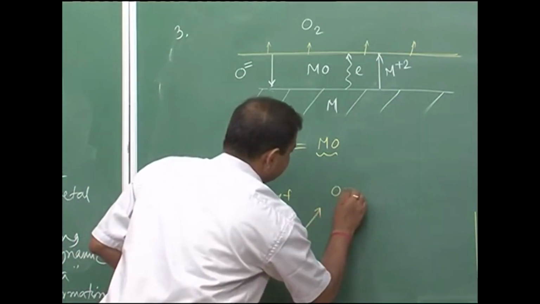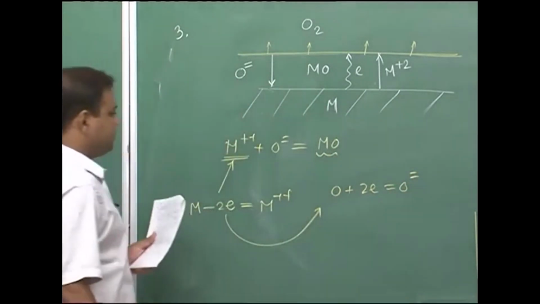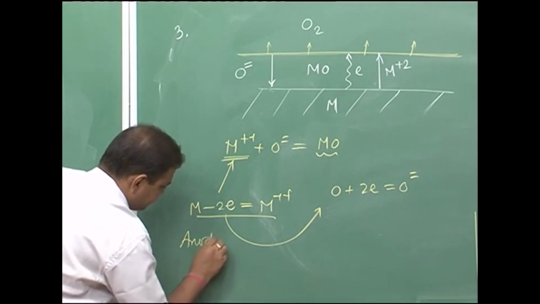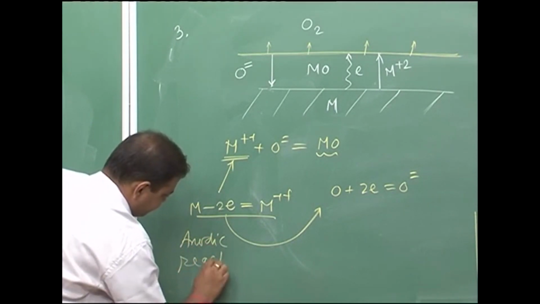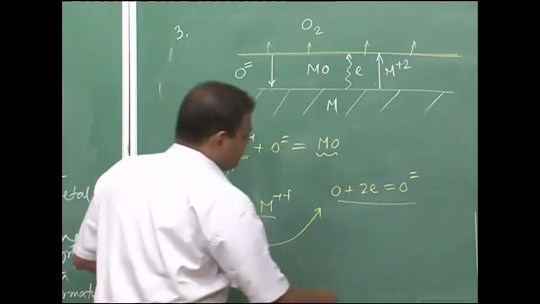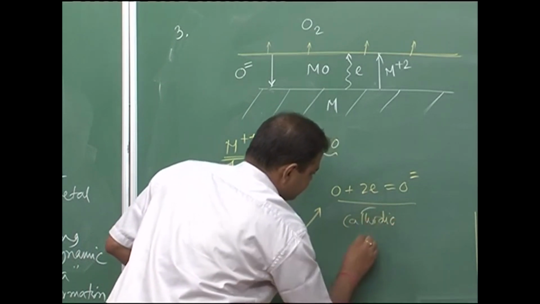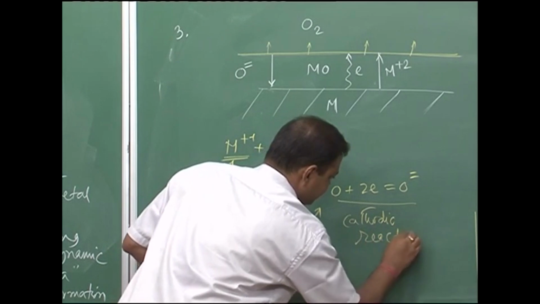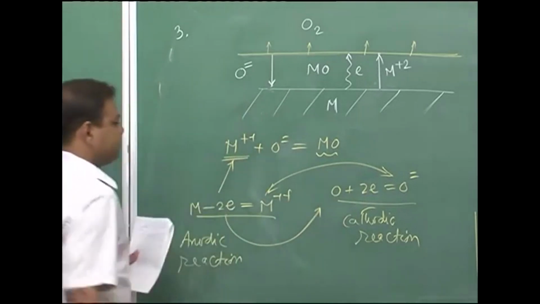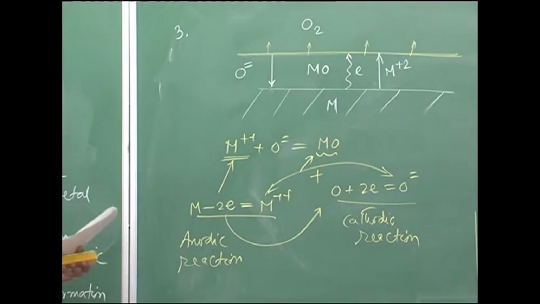So, oxygen can take these two electrons and form the oxygen ion. Now, this is the anodic reaction, and this is the reduction or cathodic reaction. So, this and this will react and then form MO.